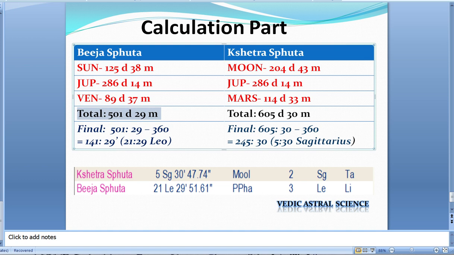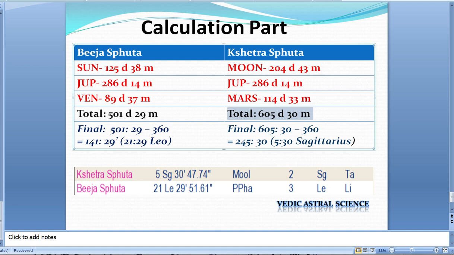All right friends, now let us see how to find the Kshetra Sphuta. Here we have taken the longitudes of Moon, Jupiter and Mars for the female native, and we have added them all. The result which we have got, you can see in total, is 605 degrees and 30 minutes.